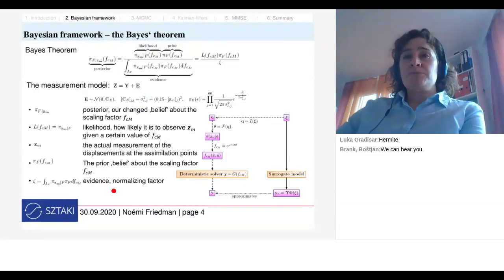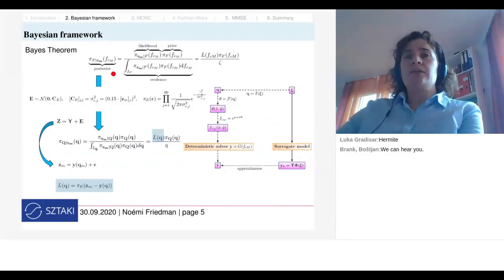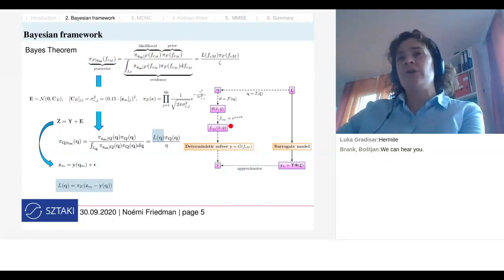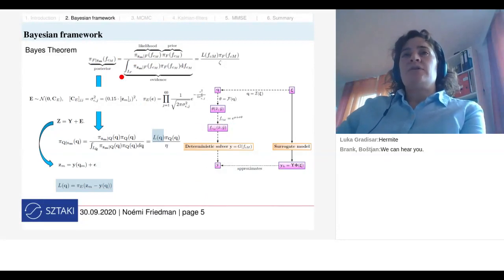So that's the problem. And the way to handle that, first of all, I will change the formulation a little bit. I said I wanted to update the scaling factor because this is what I'm interested in. But as a general framework, I will actually update this set of random variables.